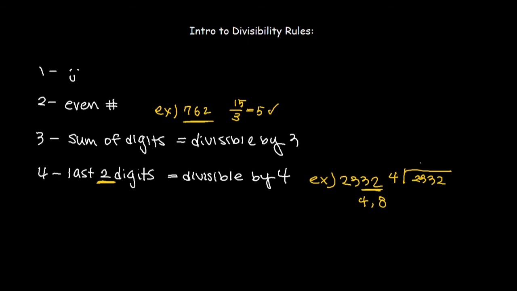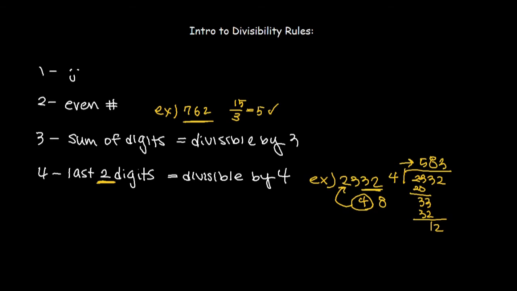Divided by 4, 5 can go in here, so 20, 33, we have 8, which is 32, 12 comes down, 3. So it is divisible by 4. You don't have to waste time dividing this whole number to figure out that 4 is going to be able to divide this large number.